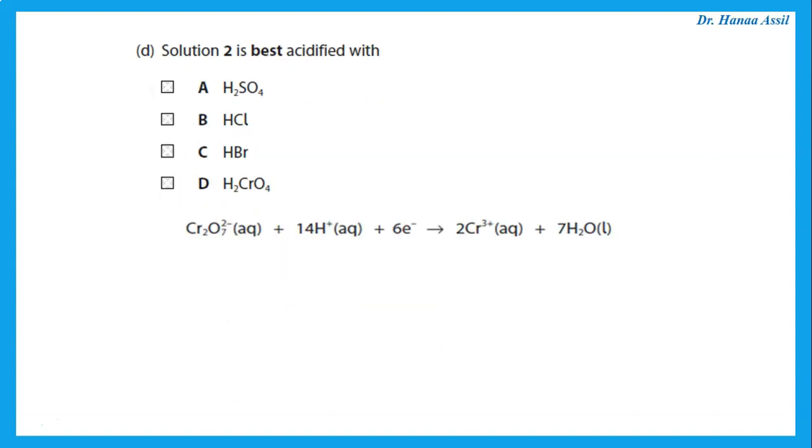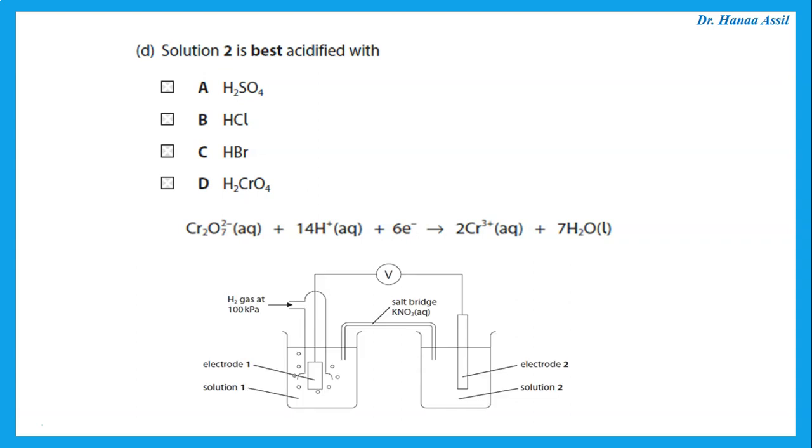Solution 2. Again, which one is solution 2? Solution 2 is the one with the dichromate. It is best acidified with what? Well, it would be best acidified with something that would not react with it. So it is acidified with sulfuric acid. The others, such as chloride and bromide, may be oxidized.